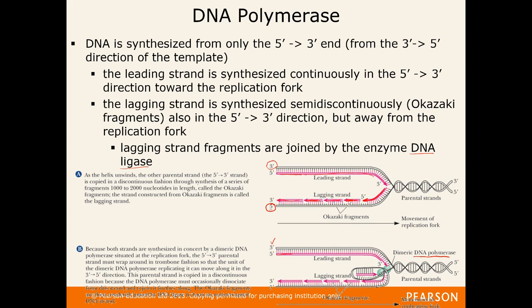It's going to go, and that's going to be called the leading strand. And it's going to be formed continuously. In the other strand, it's going to make a copy, but it's going to continue to move 5' to 3', but you notice it's this other direction. And then you end up with those Okazaki fragments that have to be filled in with DNA ligase to complete the copy.